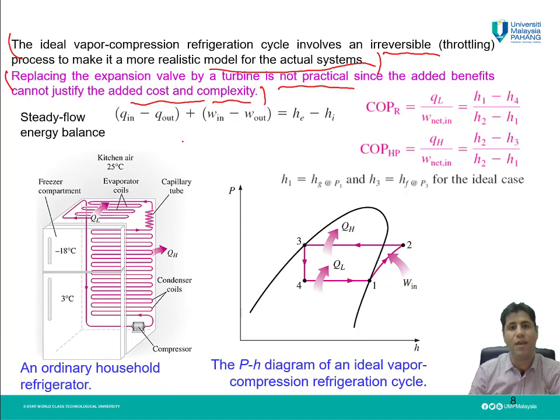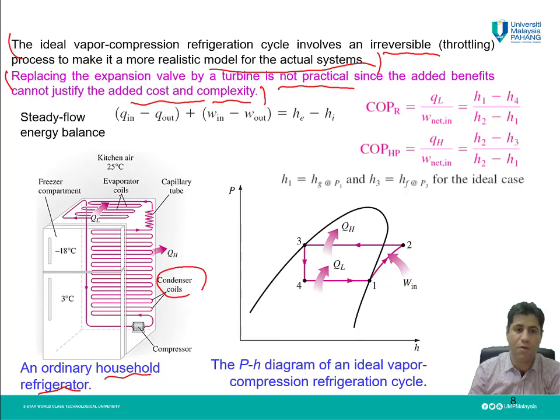Now let's see how we can calculate COP for this cycle. First of all, these are the components which we have in an ordinary household refrigerator. You can see the condenser coils, which are at the back of the refrigerator and transfer the heat from the refrigerant to the warmer environment.